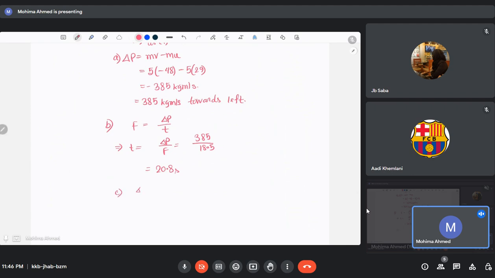No need to do any calculations. You can simply write delta P over T would be 18.5 Newton. Or since we're working with rate of change of momentum, you can consider kg meter per second by second. Eventually, it would mean the same unit, kg meter per second square or Newton, but still I'm just writing this in a broken format.